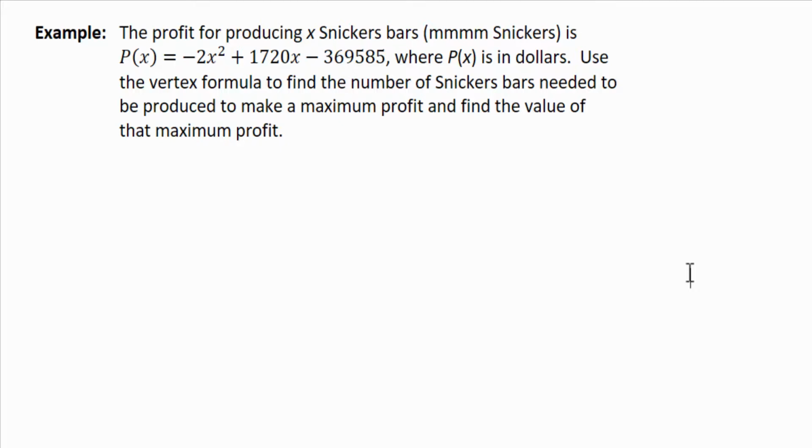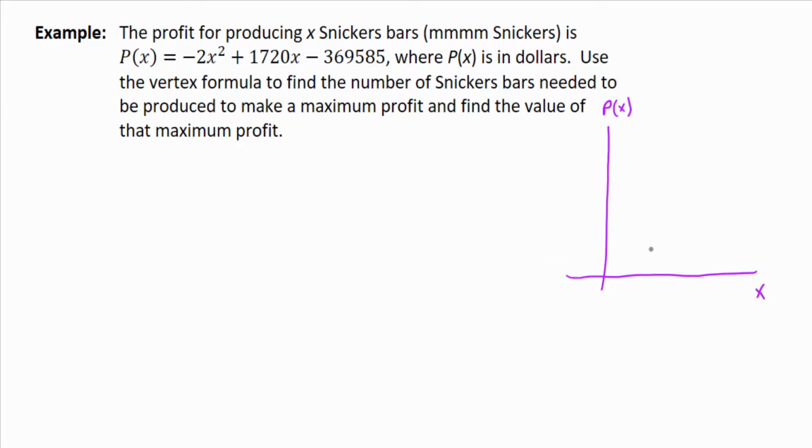And if you want to maximize your profit, you don't want to produce too many Snickers bars. So what's that profit curve going to look like? Think about it. Remember, in this case, x is really the number of Snickers bars, and P of x is the amount of money you're actually making after you consider all your costs, right?